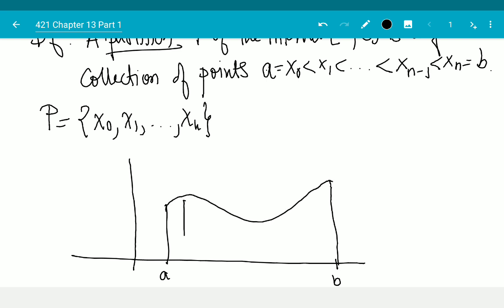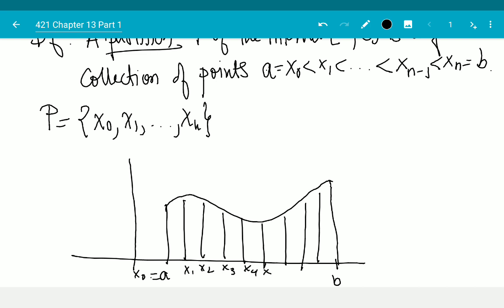So I'm going to draw x1, x2, x3, x4, x5, x6, x7, whatever, xn. a is equal to x naught, which is equal to a, x1, x2, x3, x4, x5, x6, x7, x8, and this is going to be b, which is equal to x9.